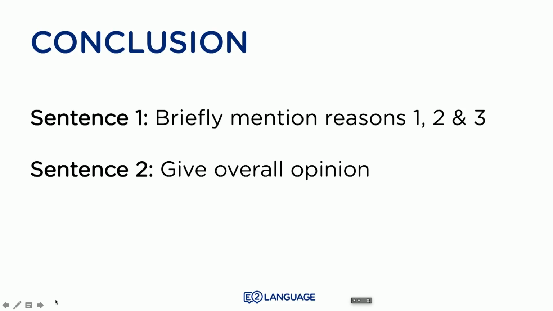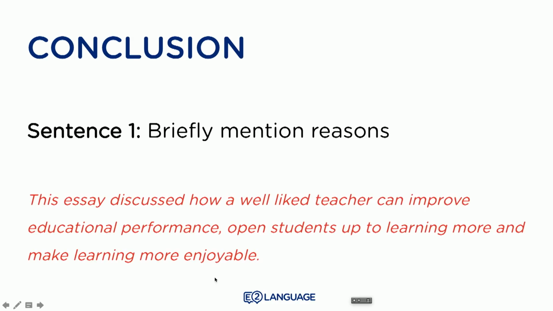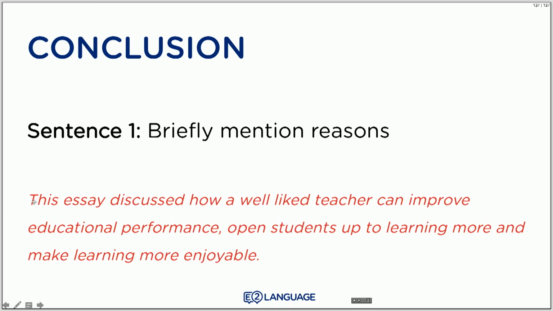So let me show you. And I want you to use this phrase here. This essay discussed, past tense. This essay discussed how a well-liked teacher can improve educational performance, open students up to learning more, and make learning more enjoyable. So what this sentence does is it briefly restates the ideas in your paragraphs.